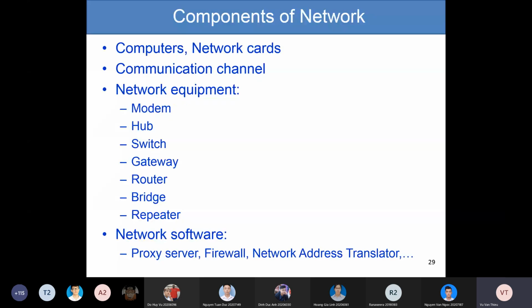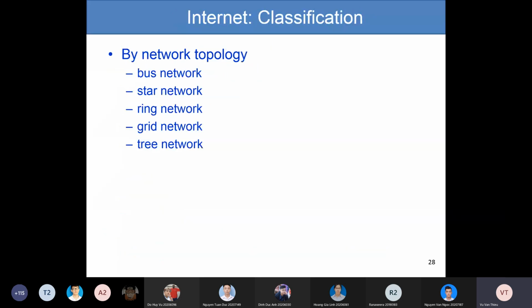Bus network means we have a bus line and all computers are connected to that bus line. This topology is very simple and cheap. But its reliability is not as good as other networks. If the bus line is disconnected, the network fails.